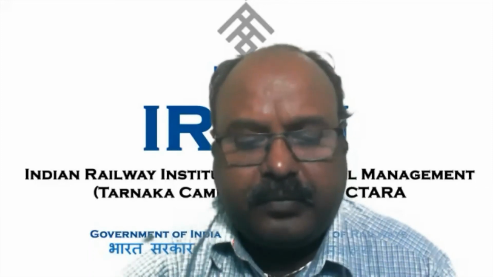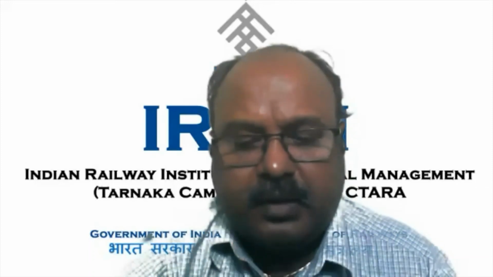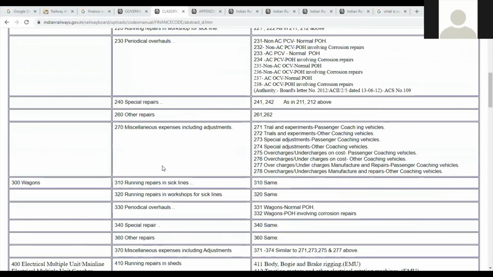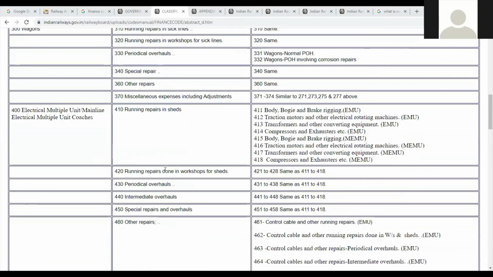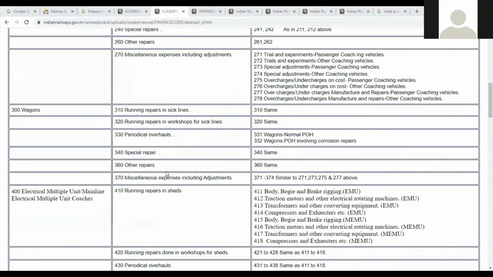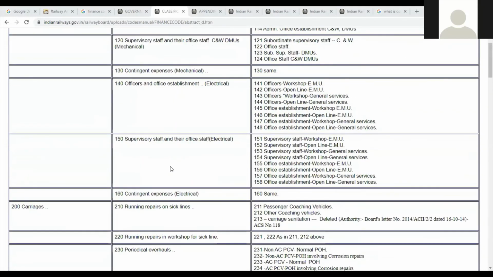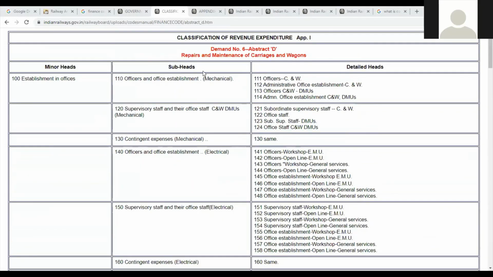Because in demand number 5, the minor head for diesel locomotive is 300. Just a minute, please check. Is it visible? Now please check. This is demand number 6, repairs and maintenance of carriages and wagons.